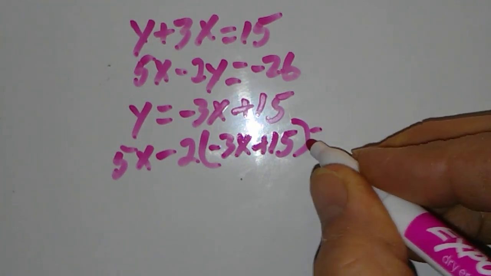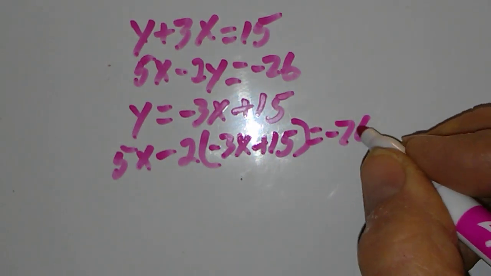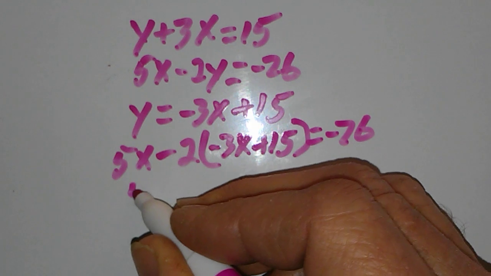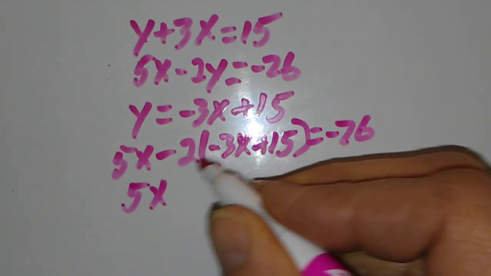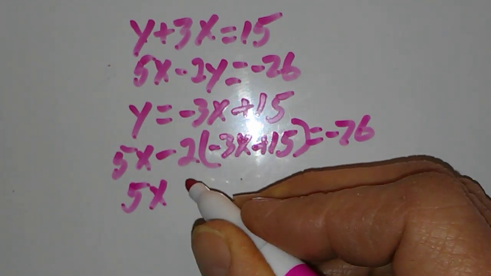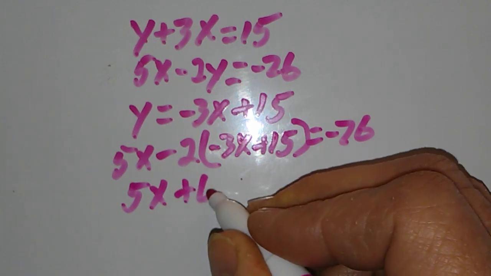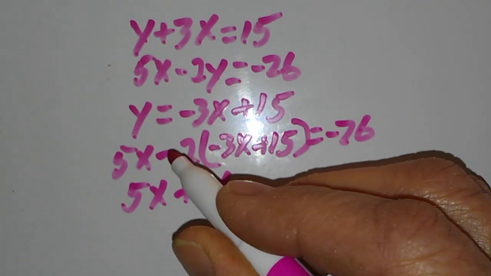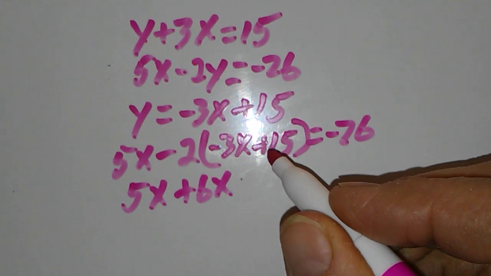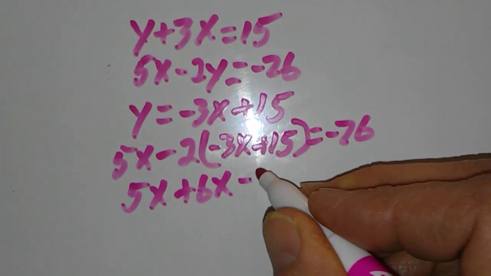So we get 5x minus 2 times minus 3x is plus 6x. Minus 2 times 15 is minus 30 equals minus 26.